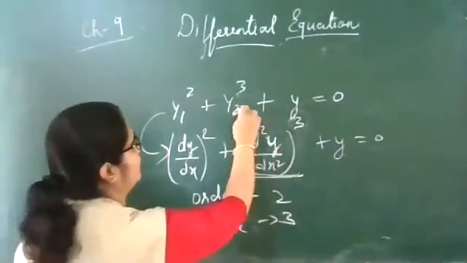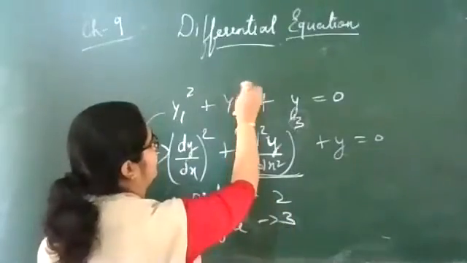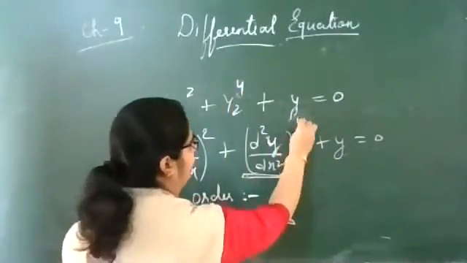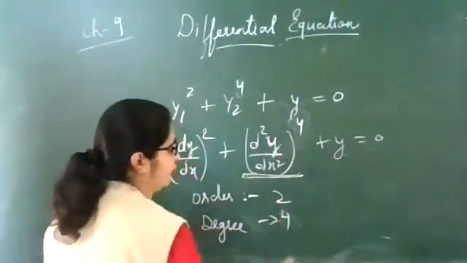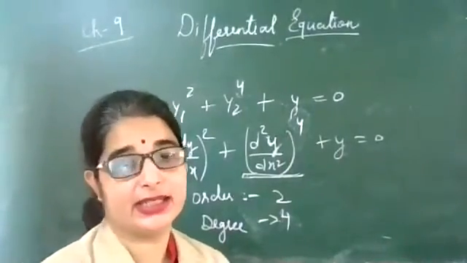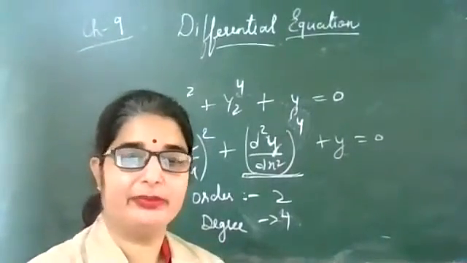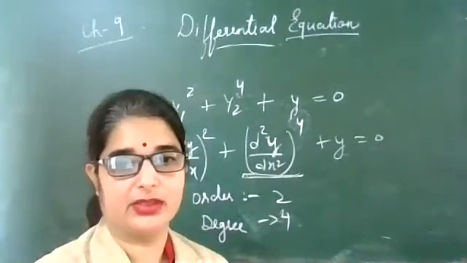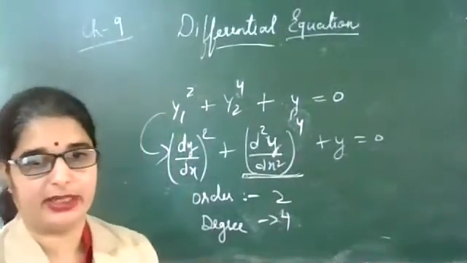So if it is cube it will be 3. Suppose it is 4, and here also it becomes 4, then the degree will be 4. But for finding the degree there is some problem. There is some important thing that I will explain to you for degree.